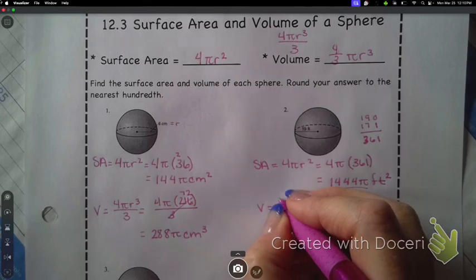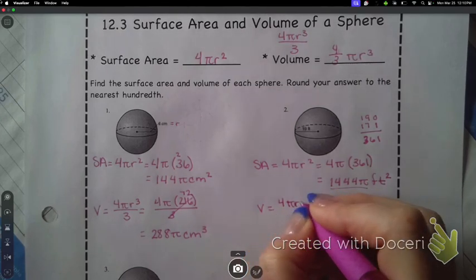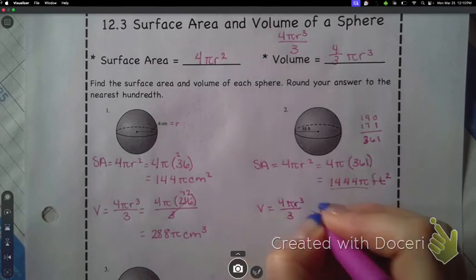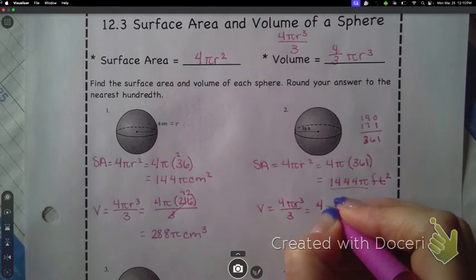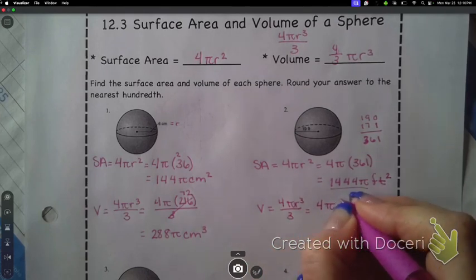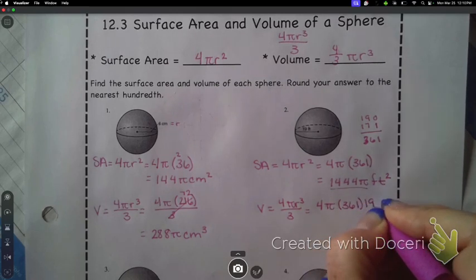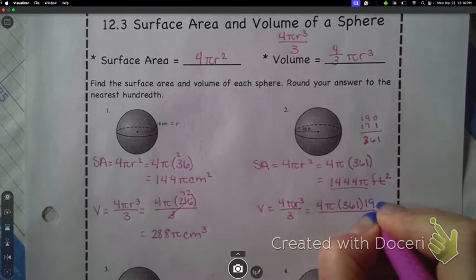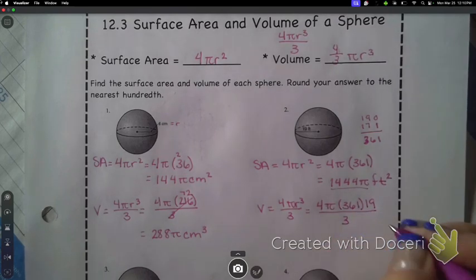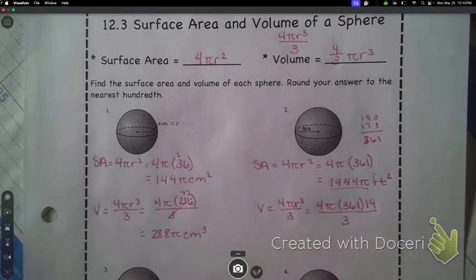So 4 pi r cubed over 3. So 4 pi r squared was 361 times 19 all over 3. I'm hoping 3 goes into things, but is 3 going to go into it? No. So I got some multiplying to do, don't I?